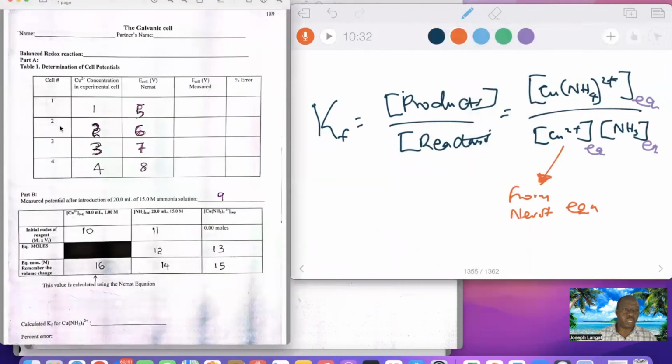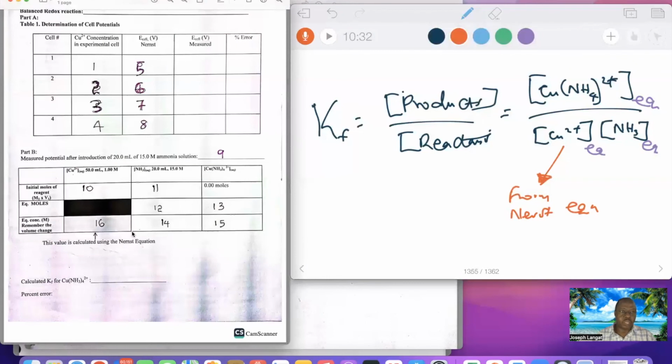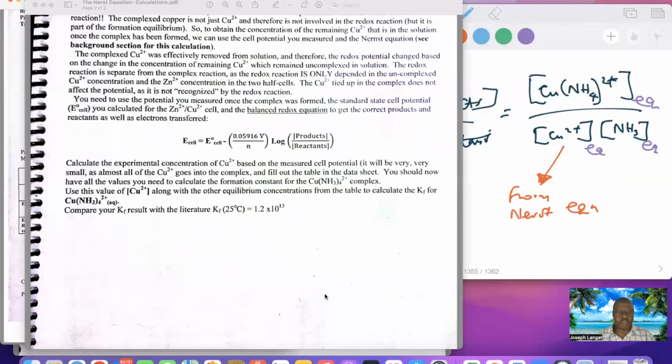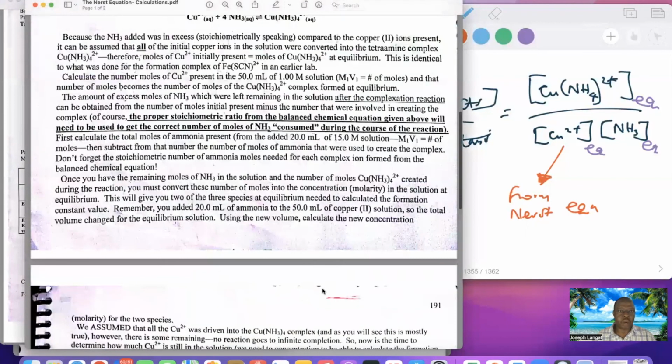I think the data sheet is right here. This is the calculated formation constant from this equation. And percent error, right? You know percent error, absolute value. I think we have in calculation percent error. You're gonna have percent error.